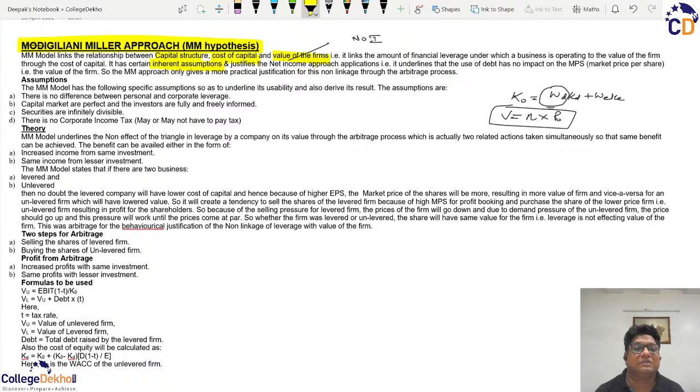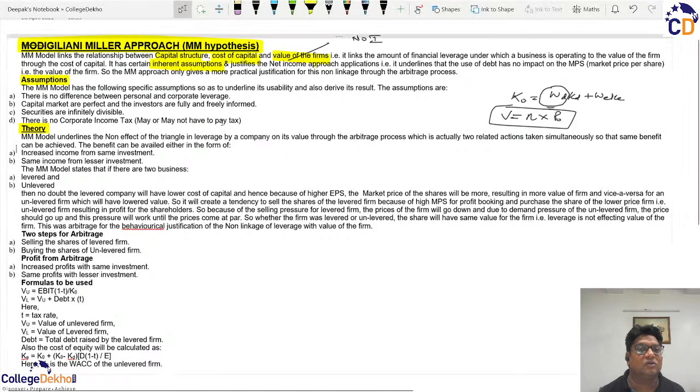Why? Because like the NOI approach, it will disregard the relationship between the capital structure and the value of the firm. It means it will say that the capital structure does not affect the value of the firm, but it has a specific approach of its own, which is quite different from the NOI approach. To understand properly the MM approach, we will have to understand the assumptions which form the basis of this MM hypothesis, and on those assumptions we will try to understand the actual theory.